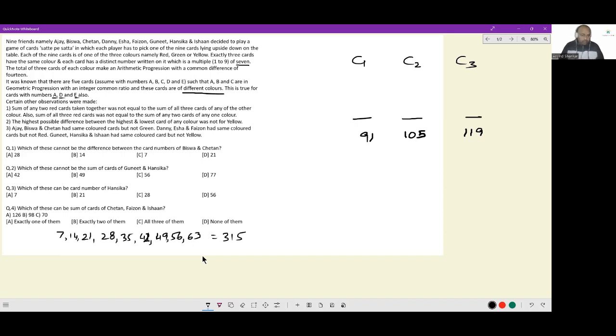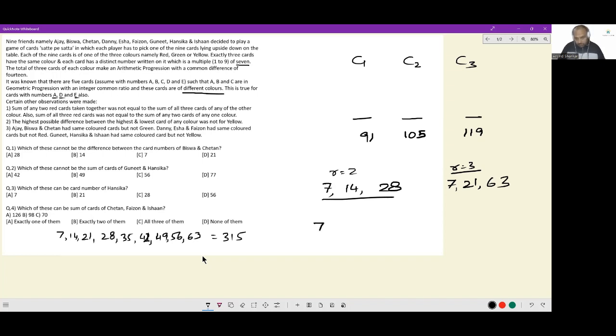The simplest workaround here would be 7, 14, 28, and 7, 21, and 63, with the common ratio here being 2 and the common ratio here being 3. This is known.